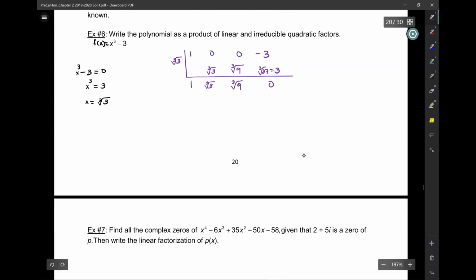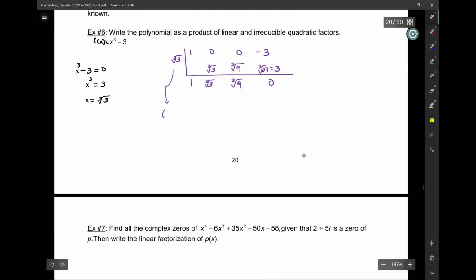So now, what do I have? From here, I get x minus cube root of 3. Okay? And then here, look at what I have.